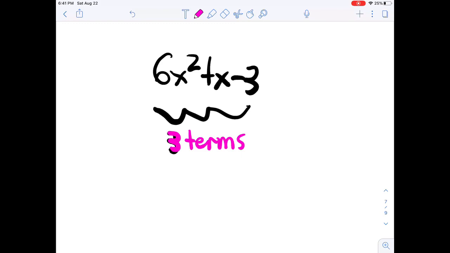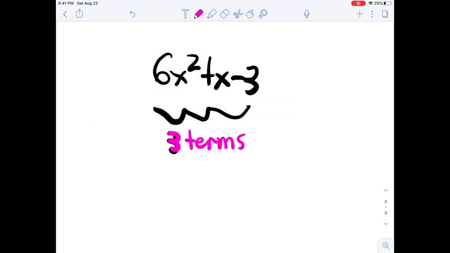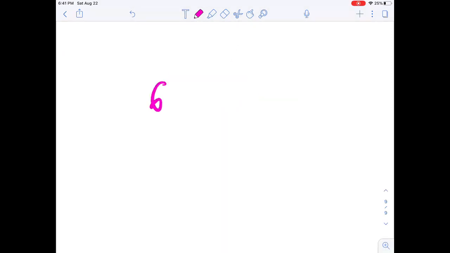I said before that a polynomial is a sum or difference of monomials, but we can think of this polynomial as all the terms added together. So you could technically also think of this as 6x squared plus x plus negative 3.